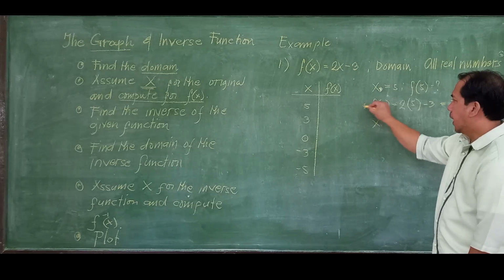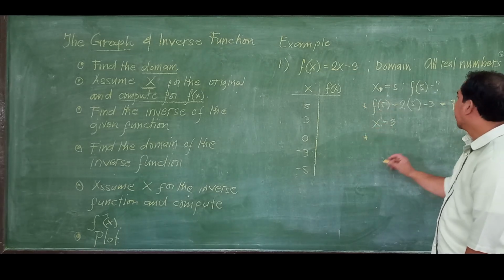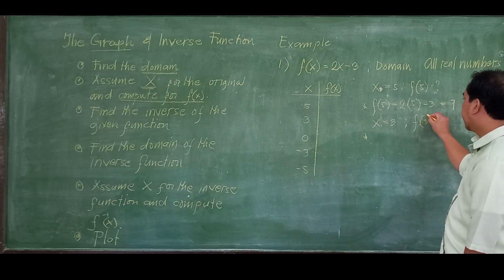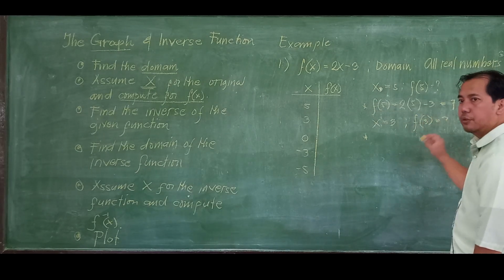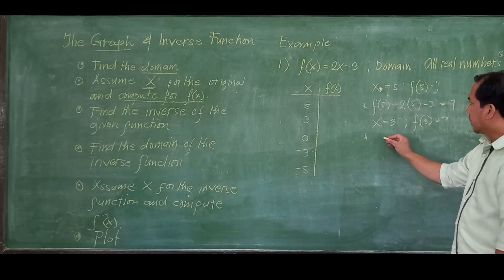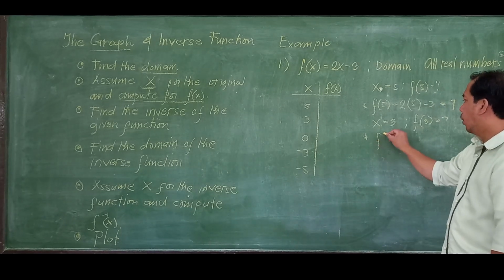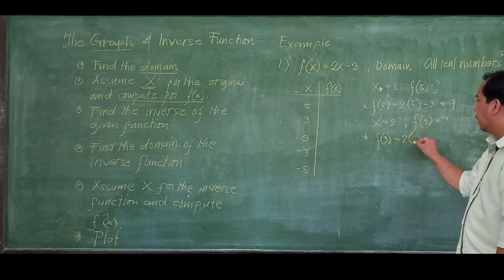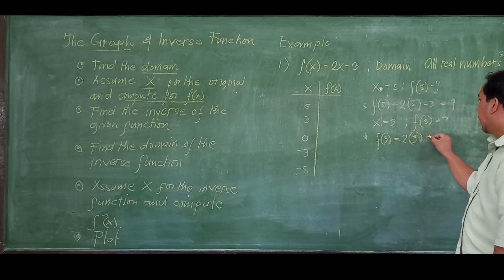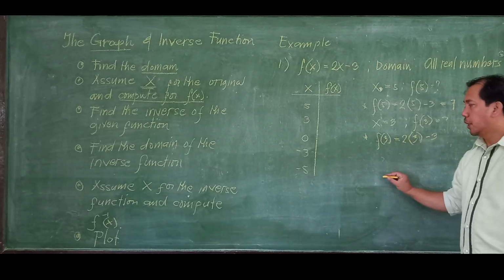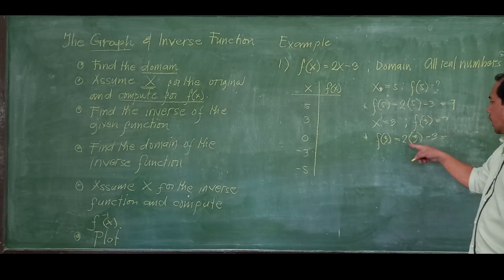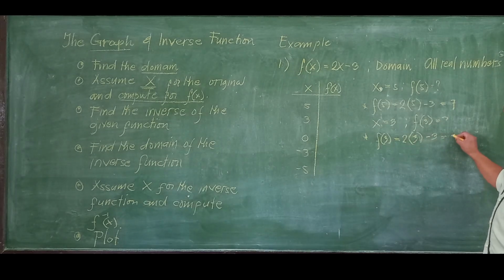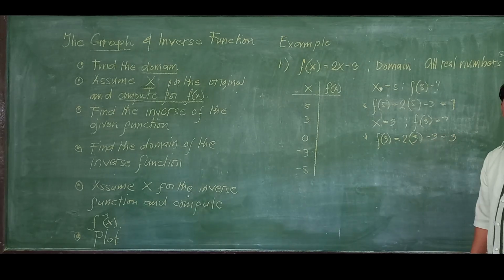Okay? X is 3. Now, what would be now the value of f of 3? Let's try to have it again. That is the same as saying f of 3 is equal to 2 multiplied by 3 minus 3. So, that is the same as 6 minus 3, which is 3.